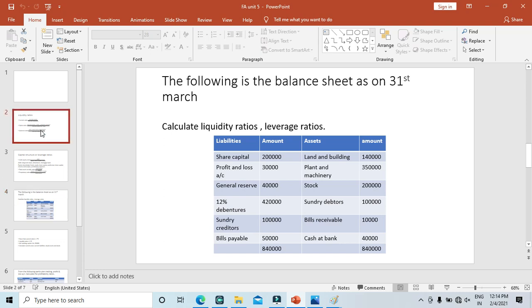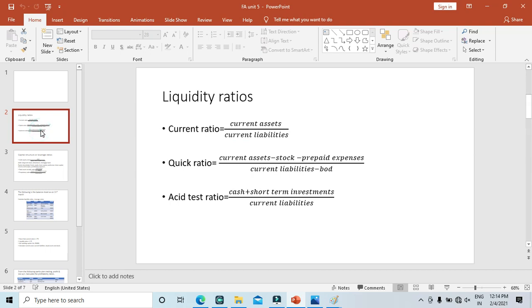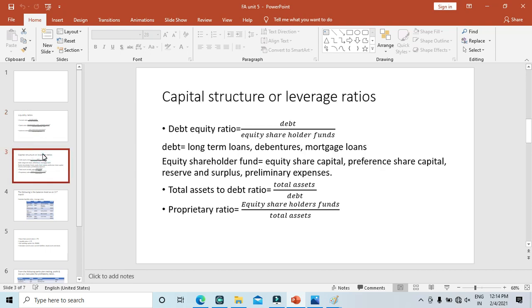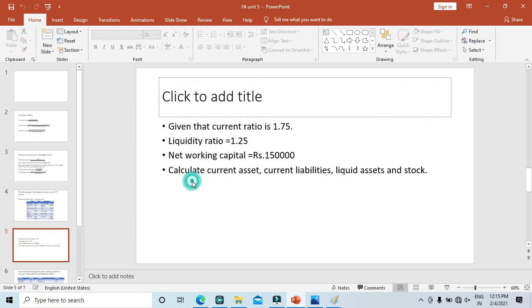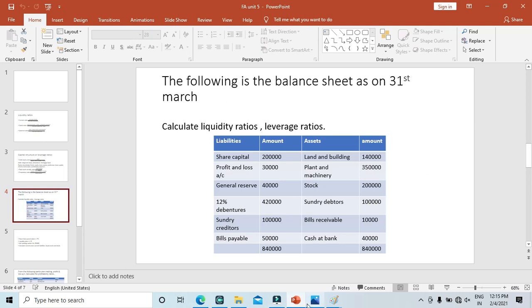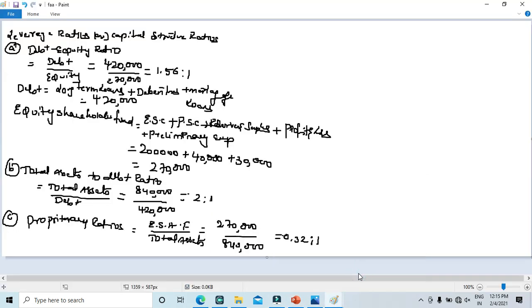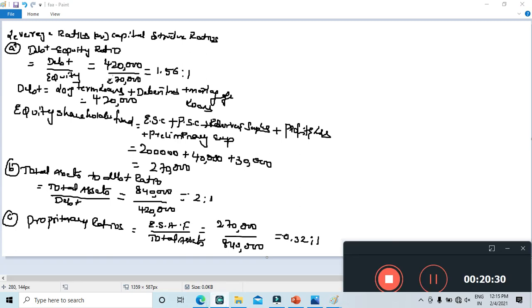Here he has given that current ratio is 1.75, liquidity ratio is 1.25, net working capital is 1,50,000. Working capital is nothing but current assets minus current liabilities. Now he is asking us to calculate current assets, current liabilities, liquid assets and stock. We'll do this problem. It's important, it has been asked previously, and it includes current and liquidity ratios. That is the reason I thought we'll do this problem also.